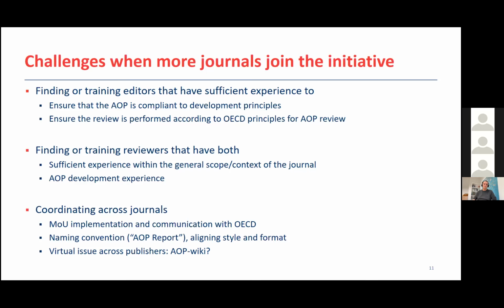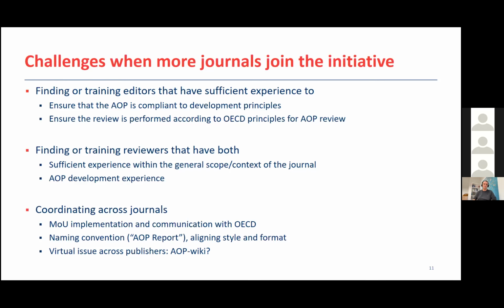It would be, I think, a very nice idea to have AOP reports as an overall general concept across several journals. For example, journals reusing that naming convention, making AOP reports recognizable as a manuscript type across different publishers and journals. And eventually, when AOP reports are being published by different journals and different publishers, that will also bring some challenges to create virtual issues across publishers.